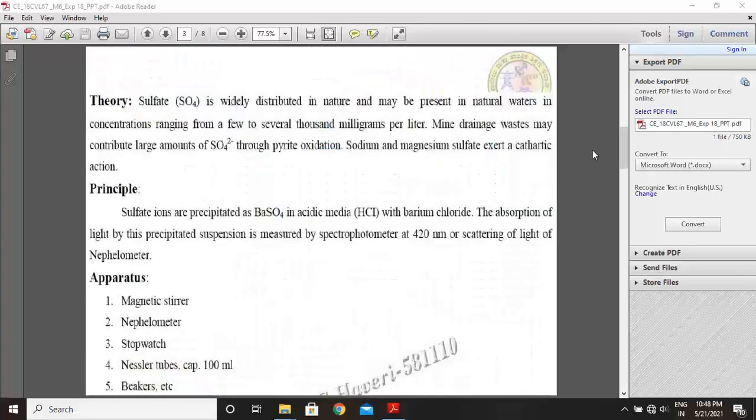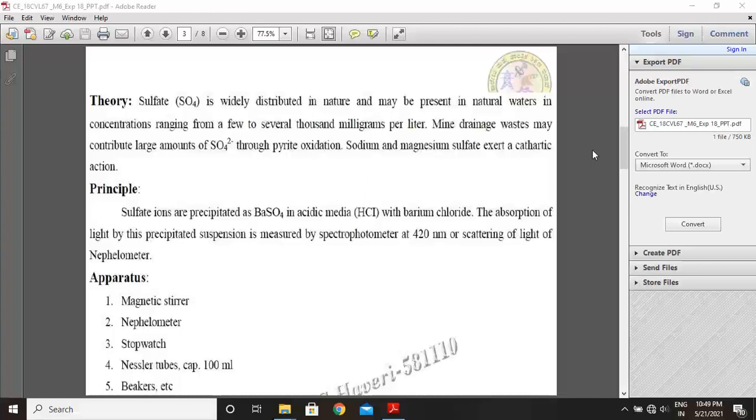I want to explain the basic concept, or background, or introduction about sulfate. Sulfate is widely distributed in nature and may be present in natural waters in concentrations ranging from a few to several thousand milligrams per liter.